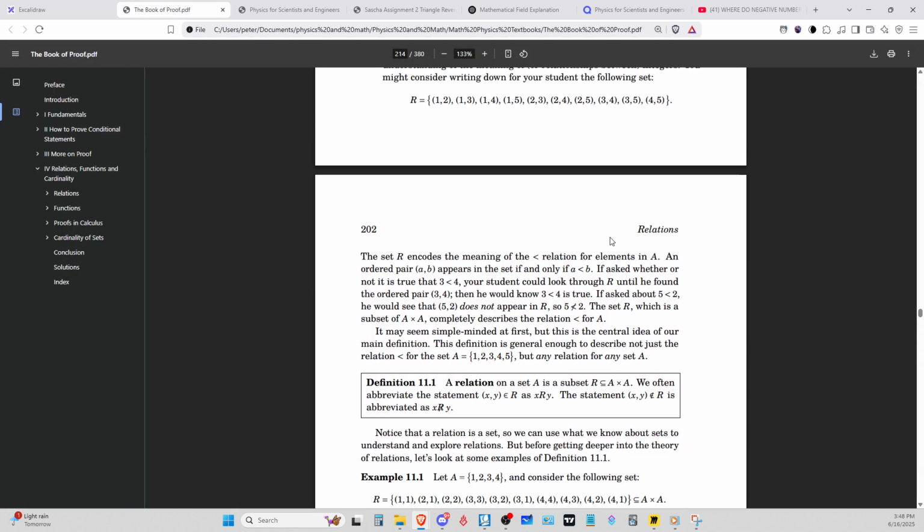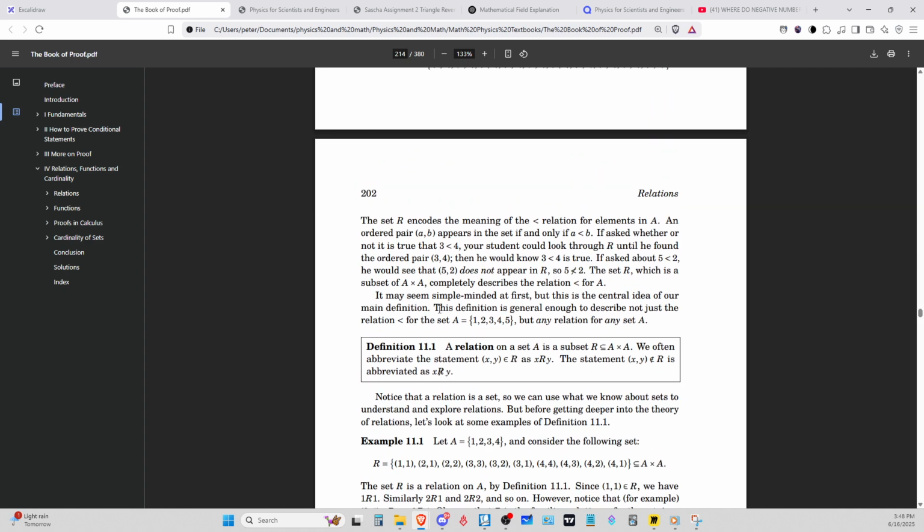Let's take a look. It may seem simple-minded at first, but this is the central idea.